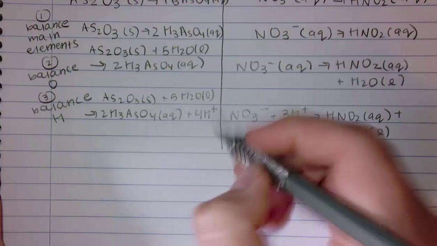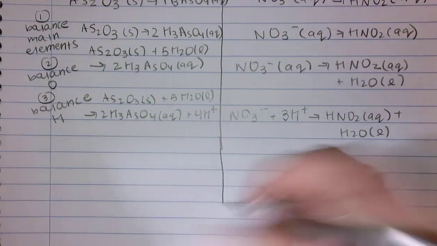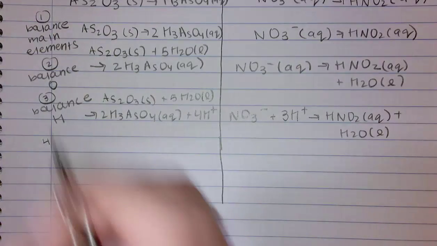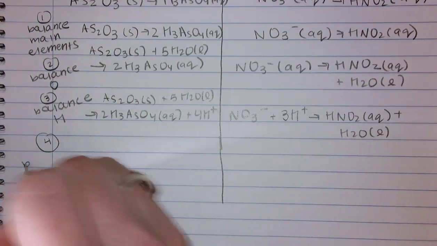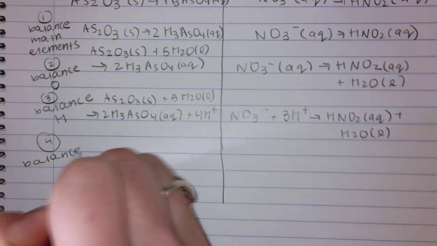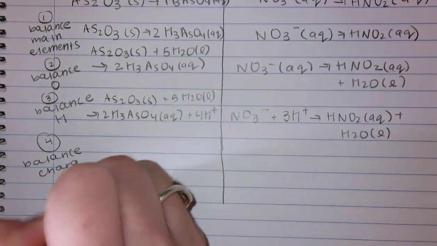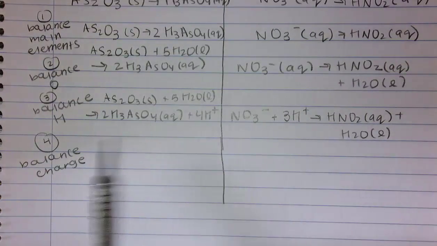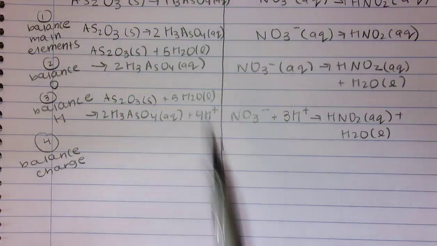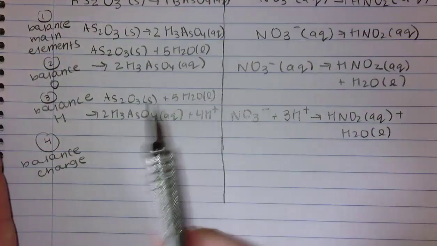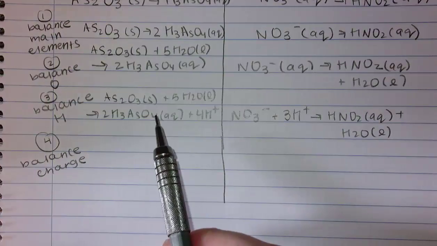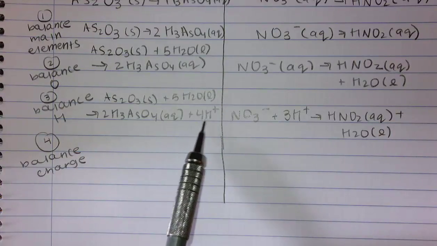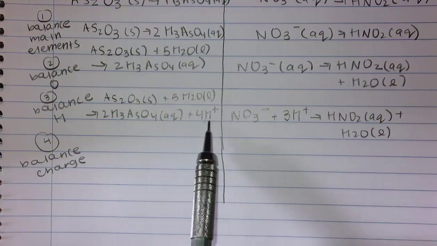And the last thing that we can do is to balance the charge. We want to be dealing with neutral reactions. For our first half reaction, we have a +4 charge on our right-hand side due to these hydrogen ions that we added.